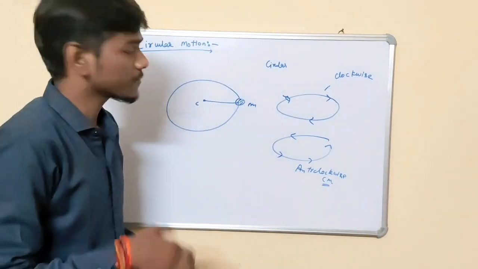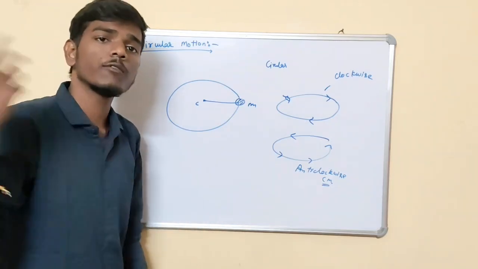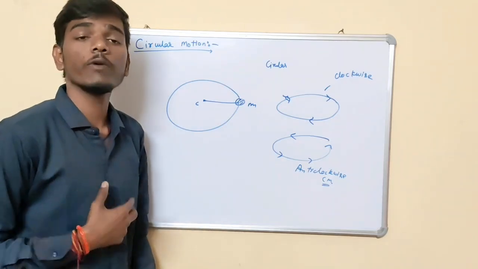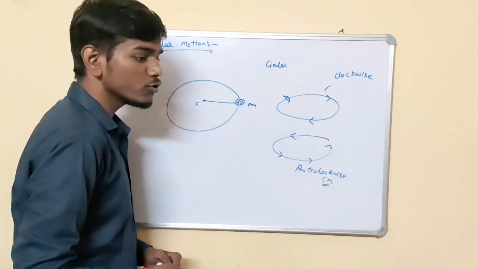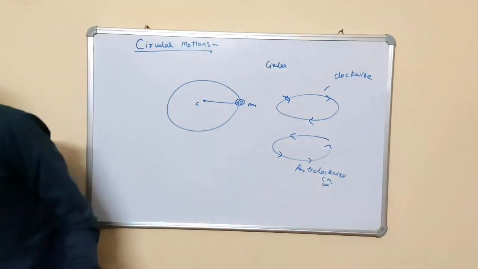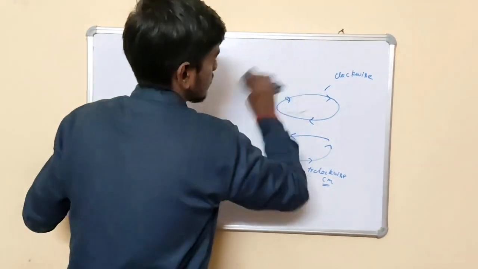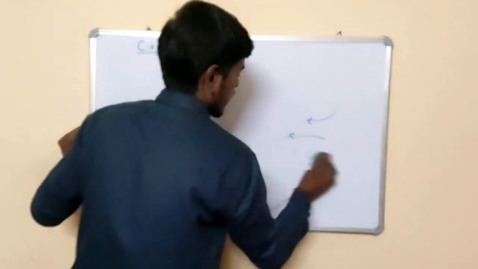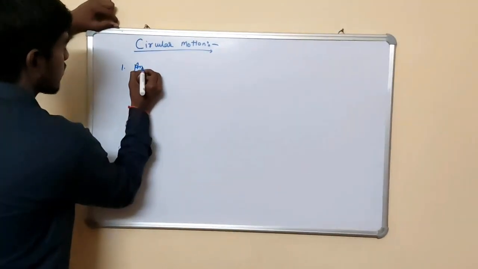If we want to explain circular motion in detail, we have to use some terminology. As we used displacement, velocity, and acceleration earlier in kinematics, in a similar manner we will use angular terms here. So let's start point by point. First one is angular displacement.